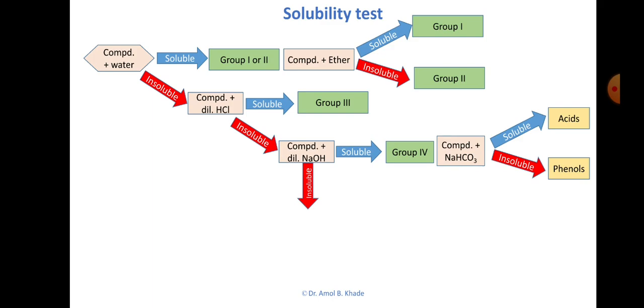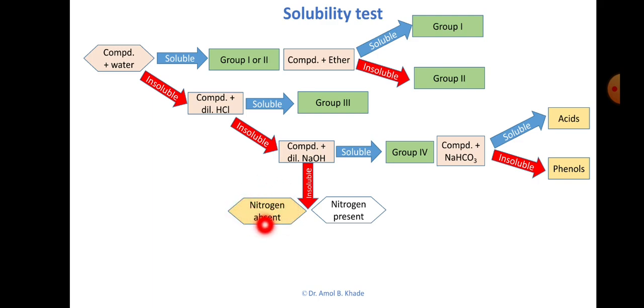Now suppose you do not have this possibility: after adding the dilute NaOH, your compound remains insoluble, and you have already done the Lassaigne's test, that is the elemental detection. Suppose the nitrogen test is negative, that means nitrogen was absent in the compound.